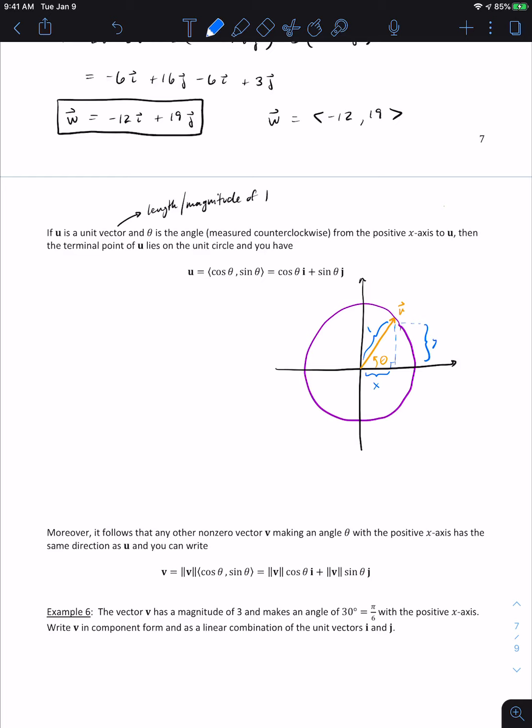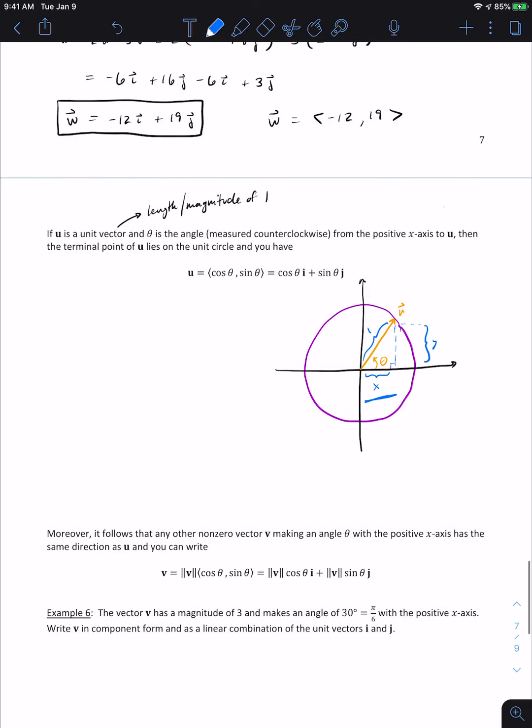And if I find x and y, then notice that this distance right here, y, will be the y component of my vector u, and this distance here, x, will be the x component, or the first component of my vector. So this is the second component of my vector, and this is the first component of my vector.